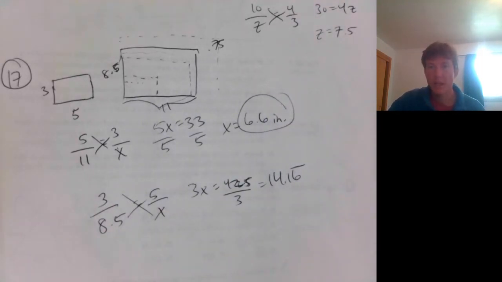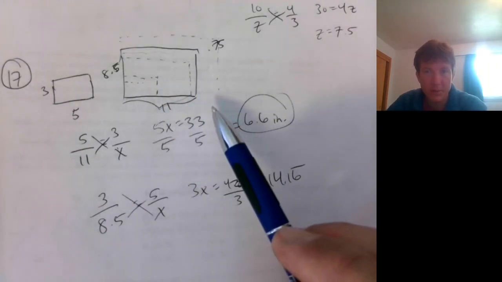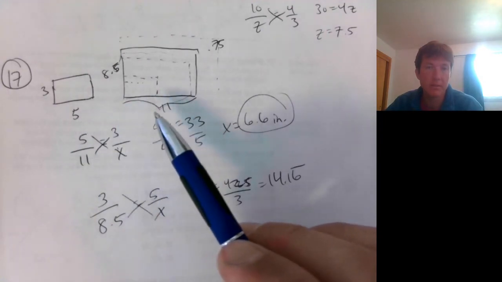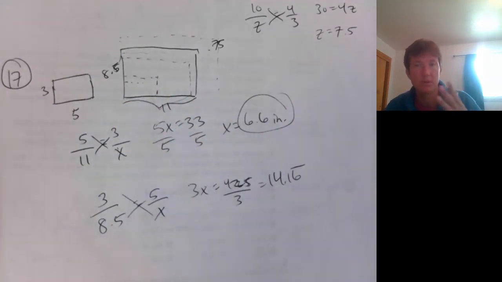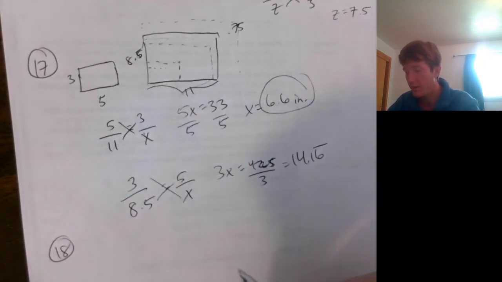If I were to blow up the height all the way, my base would go outside of the available sheet. You want to use the dimension that would be smaller. Let's try number 18. Get another example for this.